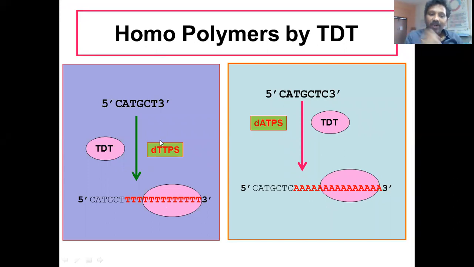You provide the dNTPs, dTTPs, and enzyme, take a 6-nucleotide primer, and then you get the polymers.